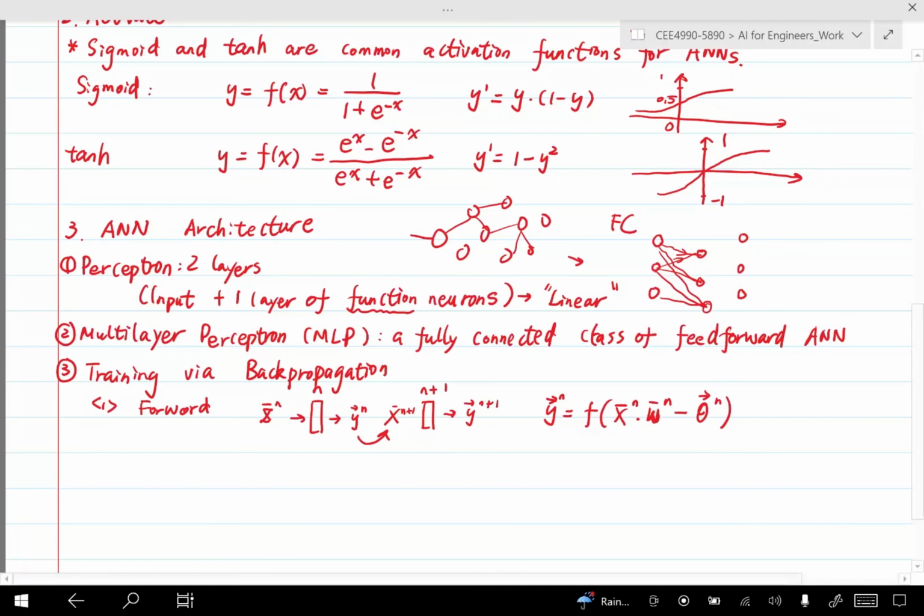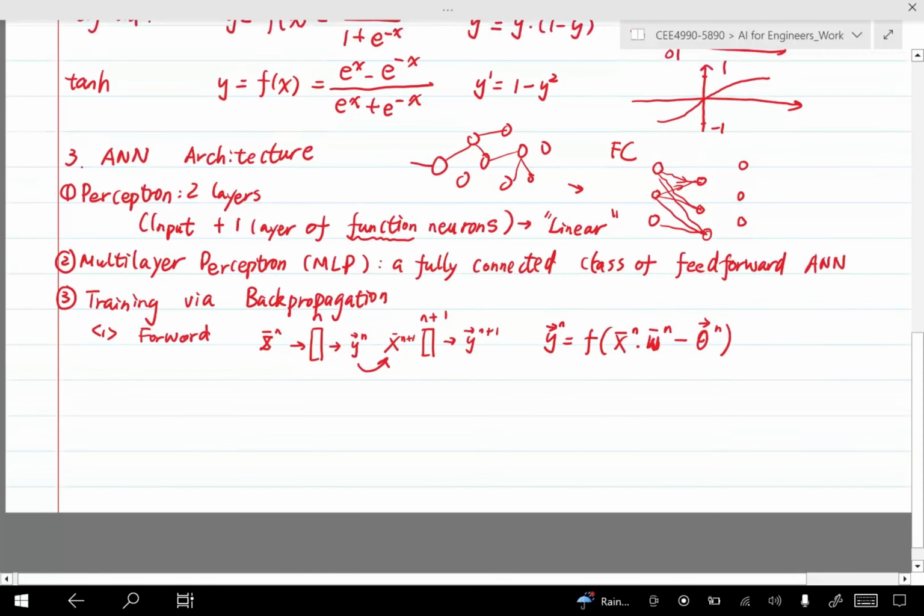For backward, as we said, the key is that we need to compare the predicted and actual labels. Let's give a very simple 3-layer neural network like this. It's a fully connected one, so every neuron in one layer will be connected to every neuron in the next layer.